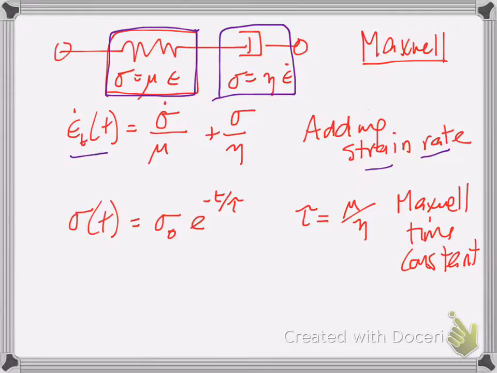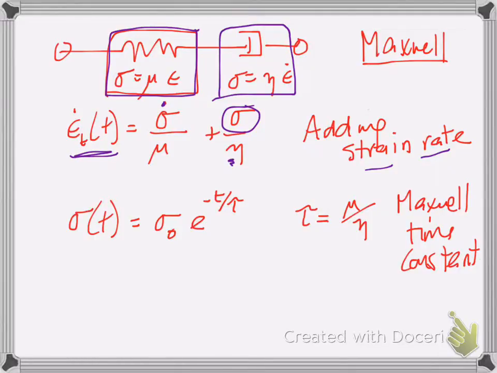So here we have the total strain rate is equal to the stress rate, so that this is a dotted stress for the elasticity, so we've just taken these and turned them both into rates, and our stress here is just the absolute stress, not the rate of change of stress with the viscosity.